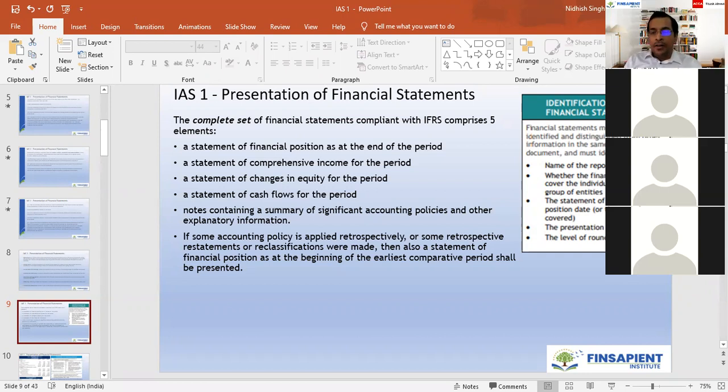I have provided a separate small box, identification of the financial statement. So the financial statement should have a certain minimum amount of information as well, which is the name of the reporting entity, the time period for which it is being prepared, the presentation currency, and how many decimal places of rounding are being used.